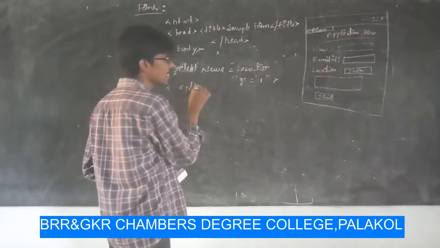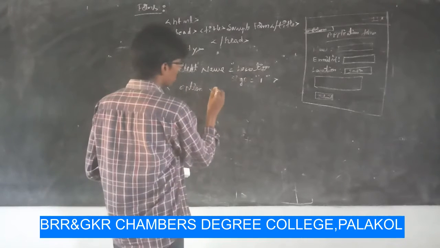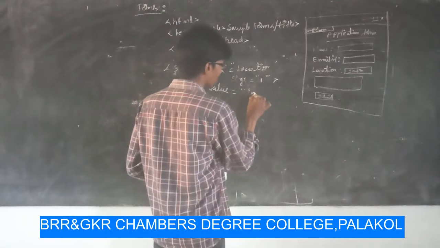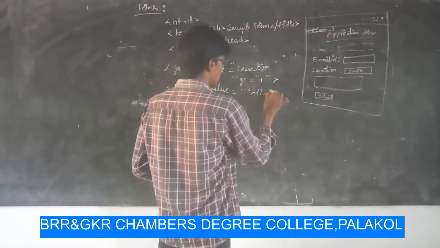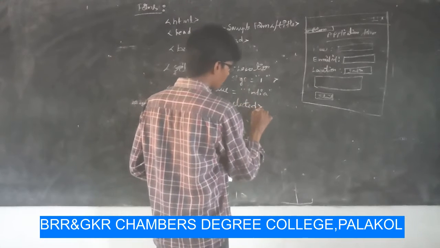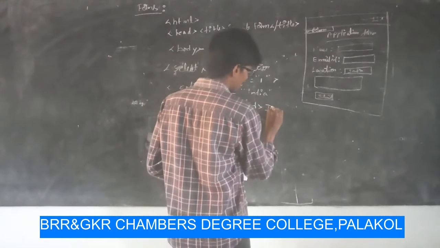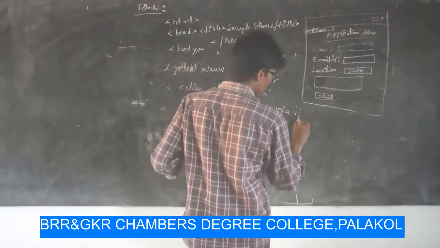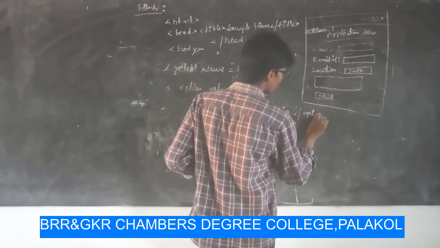What you want to mention in the drop down list? Option value is equal to, first one is India. If selected, this one appears with the value India. Okay. After that, close the option, one of the options.